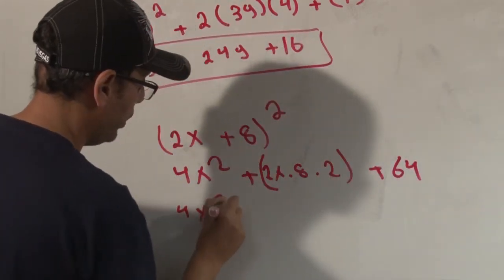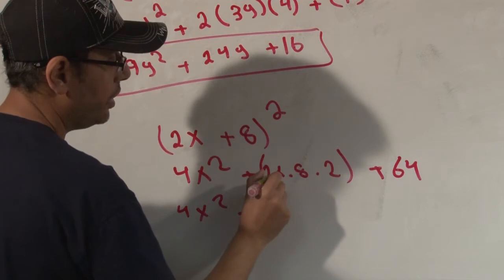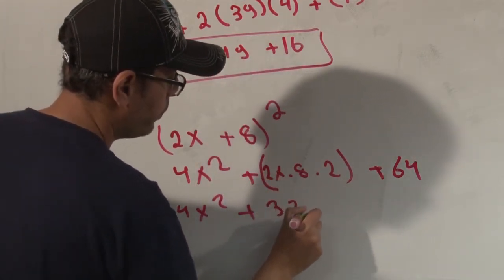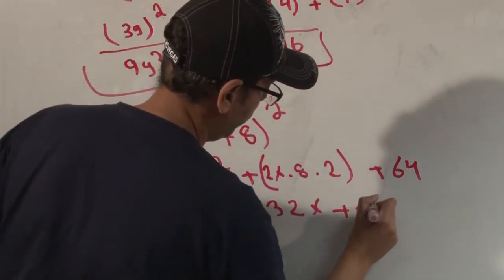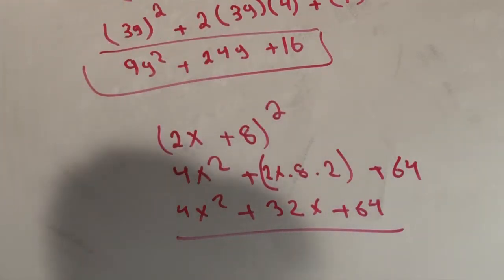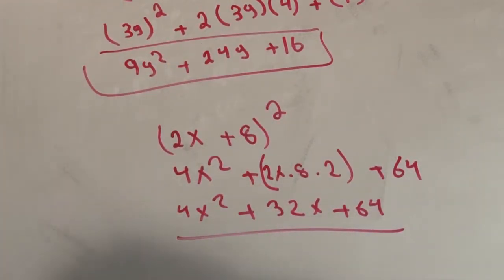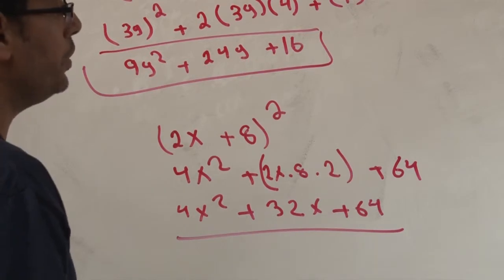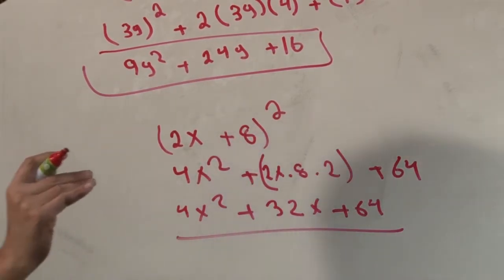So 4x squared plus 16 times 2, 32x, plus 64. Done. So easy.